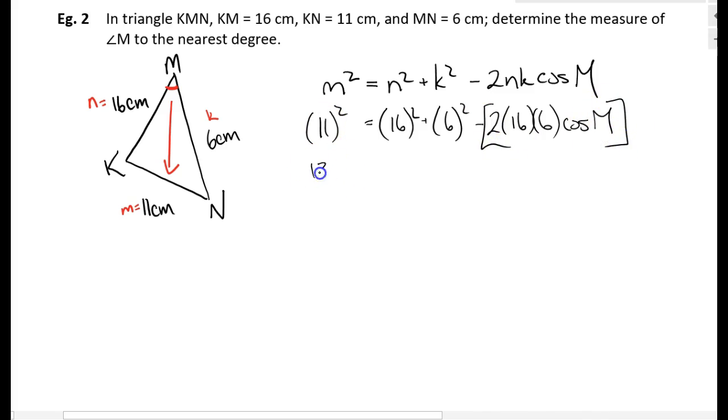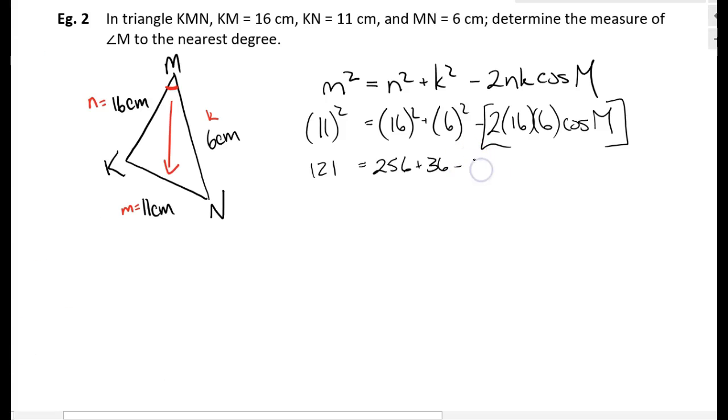So 11 squared is 121. 16 squared, if I'm not mistaken, is 256, but I'm going to use my calculator. Yeah, 256 plus 36. And you can even multiply all of these together. So 2 times 6 is 12 times 16 is going to give me 192.